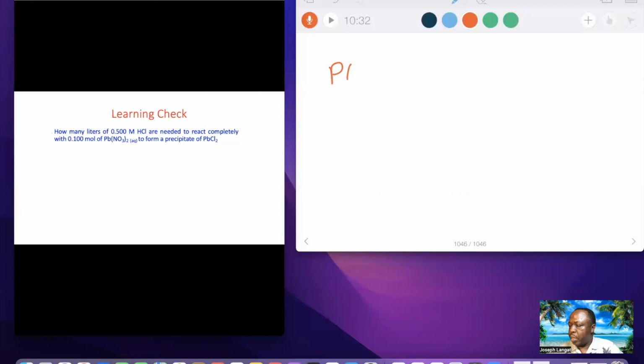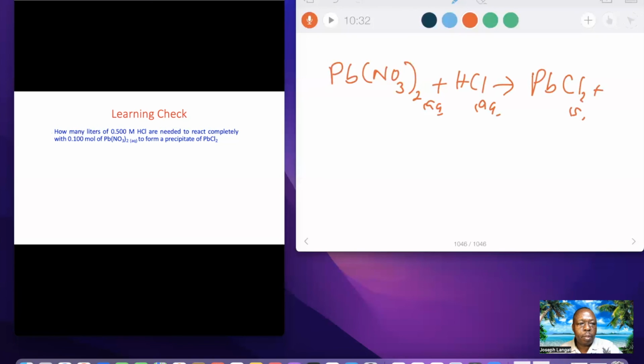Lead(II) nitrate, Pb(NO3)2, aqueous, plus HCl aqueous to produce a precipitate, PbCl2, solid, plus HNO3. It's just going to form a precipitate.